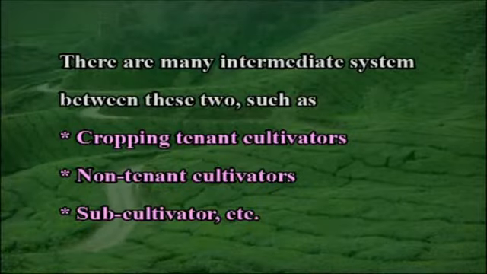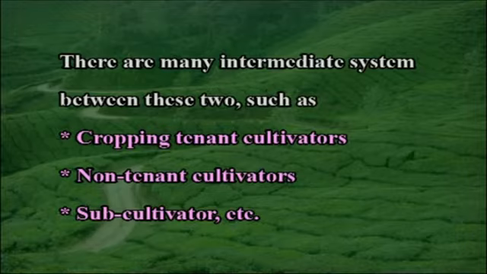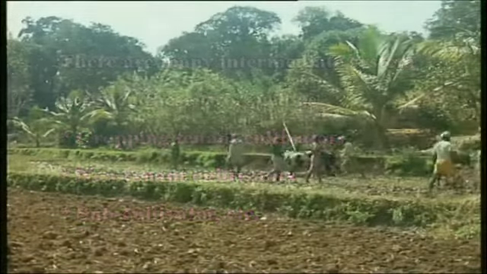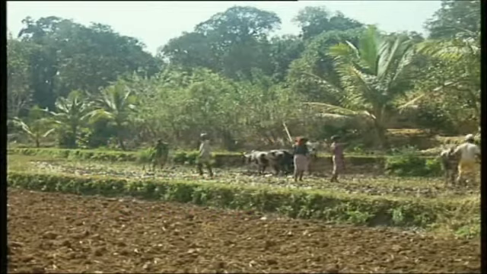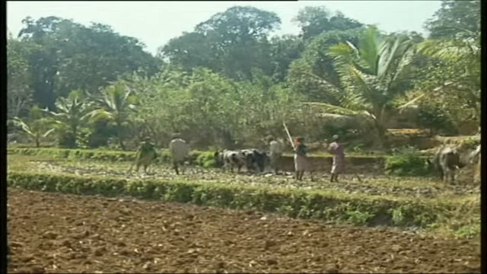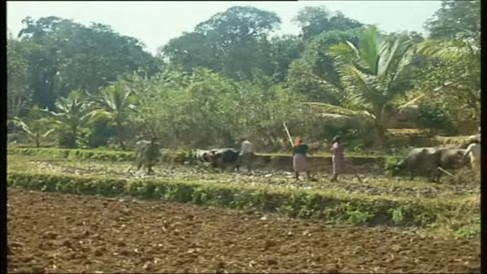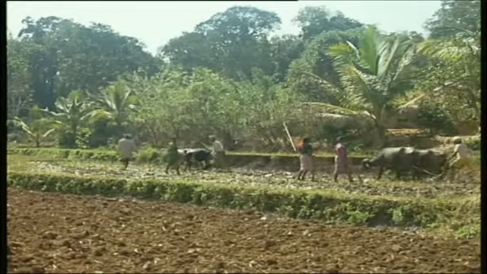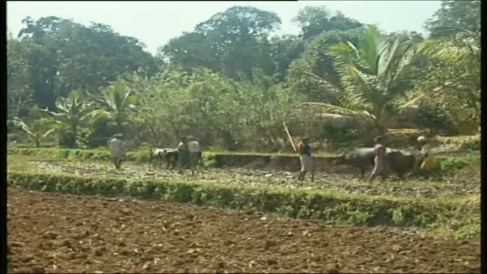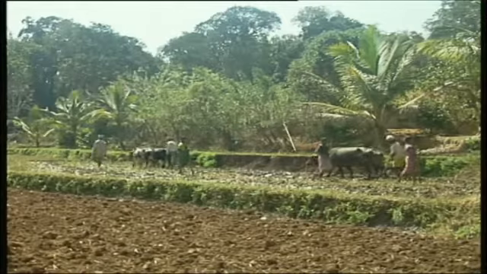There are many intermediate systems between these two, such as cropping tenant cultivators, non-tenant cultivators, sub-cultivators, etc. The land tenure system has a major effect on the efficiency of the farmer and also on the insecurity involved in the cultivation of land.